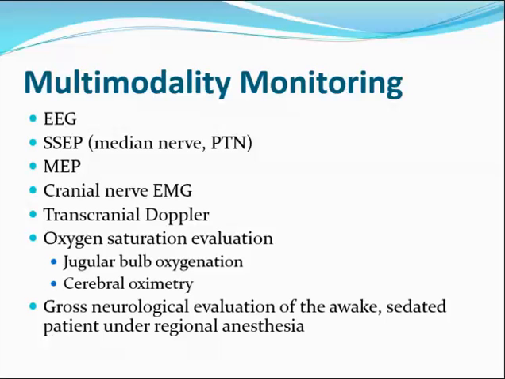as neurophysiologists. You can also have Doppler being done, oxygen saturation evaluation, jugular bulb oxygenation, and cerebral oximetry can be done by the anesthesiologist. There are also some machines that can do that. The NIM Eclipse is one machine that can do cerebral oximetry. In the absence of neuromonitoring, they used to have gross neurological evaluation, and the patient would be awake, just sedated under regional anesthesia.